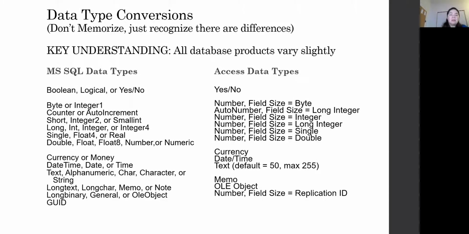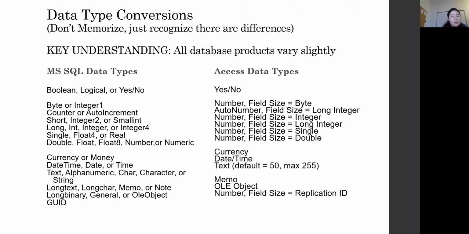So here there's a comparison between the MS SQL data types and the Access data types. If you remember the data types, that's where we're actually saying, like, is this a number? Is this text? Is it money? Is it time? And you have the same type of idea in Excel, right? You can define each cell and what kind of data is in there.